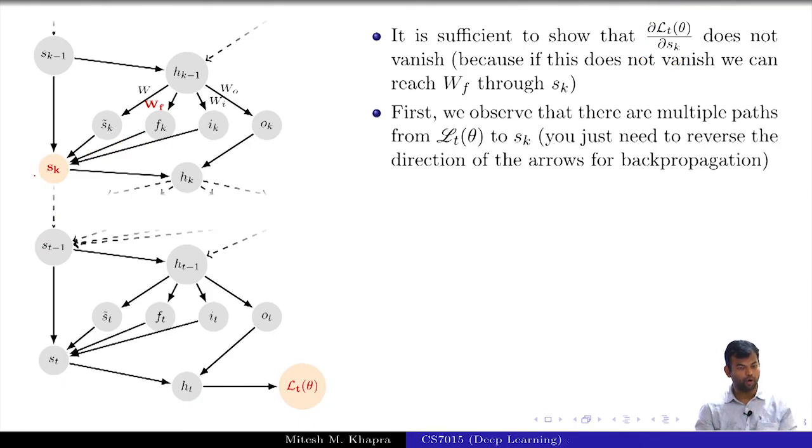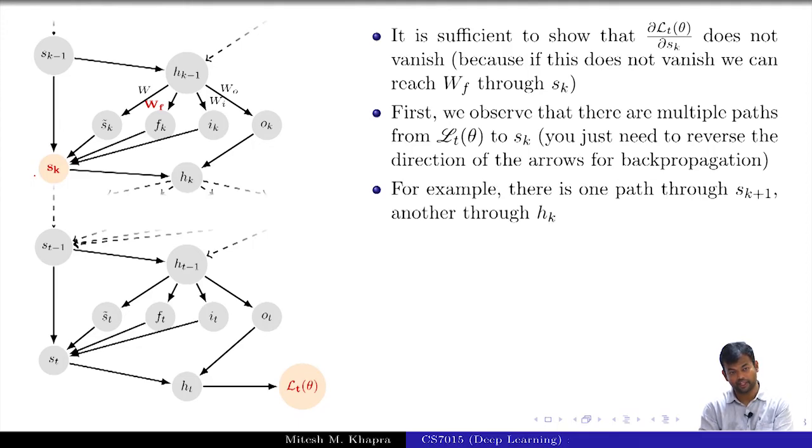The first thing I'm going to observe is that there are multiple paths to reach s_k. Which are these paths? One through s_{k+1}, because s_k contributes to s_{k+1}. The other through h_k, which is visible. But notice how many paths there are to reach h_k itself. There are 4 outgoing edges from here, but then again there will be 4 at the next stage and 4 at the next stage and so on. So it's combinatorial.